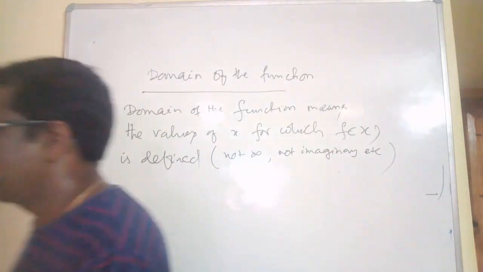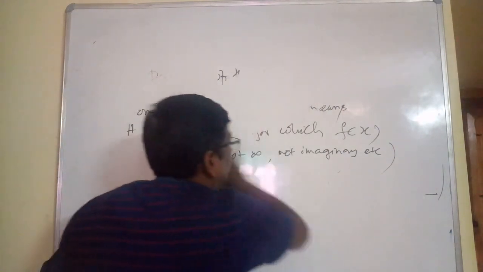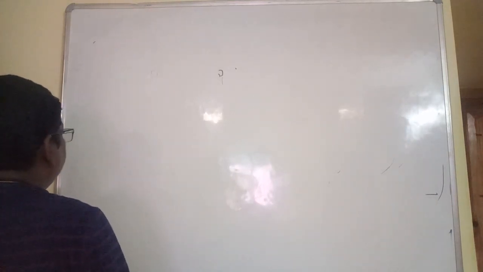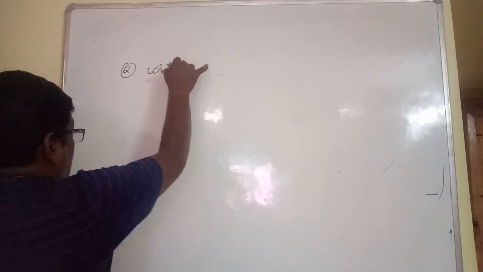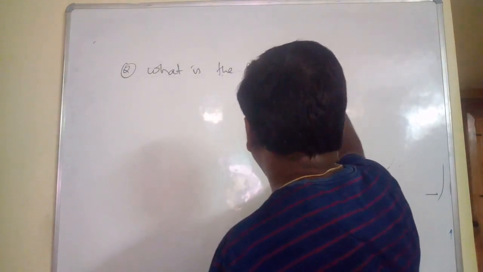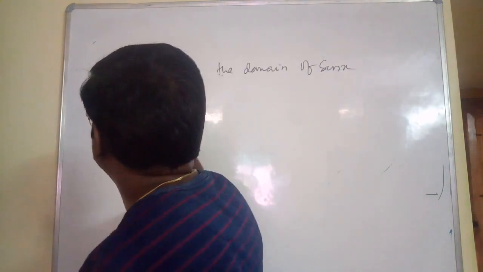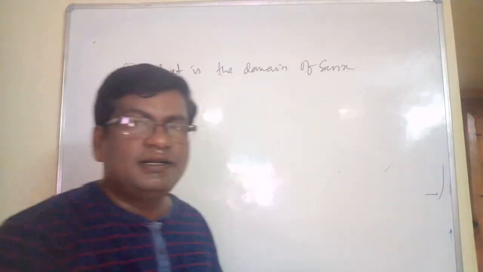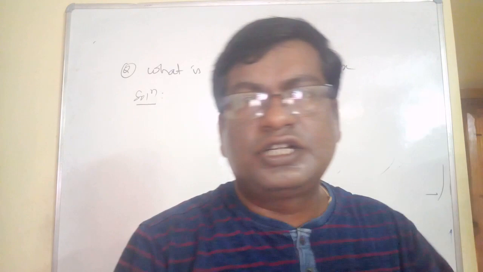So, what is the domain of sin x? Question number 1. What is the domain of sin x? Solution. As you know, sin x is defined for every value. In the sin x table there is no infinity.